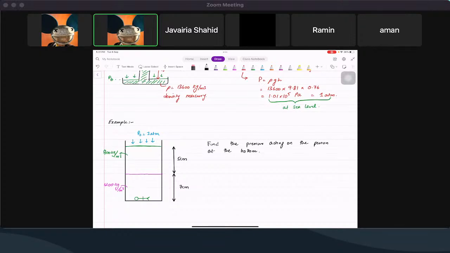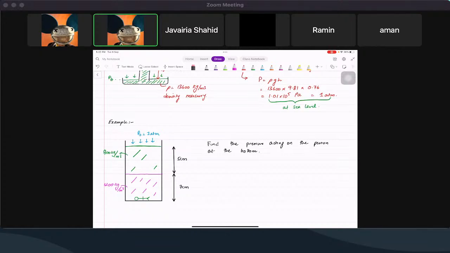Just remember something very, very important, that the atmosphere is acting a pressure on top of the green liquid, and then the atmosphere and the green liquid combined are putting a combined pressure on the pink liquid, and the pink liquid and the green liquid and the atmospheric pressure are putting the pressure on that person at the bottom.